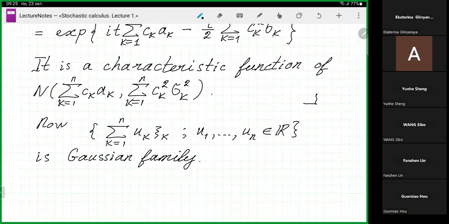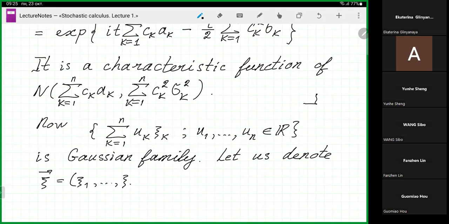So, namely, let us denote psi vector as psi1, psi n, and then u is u1, un.